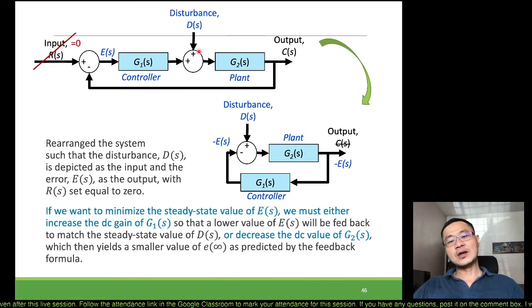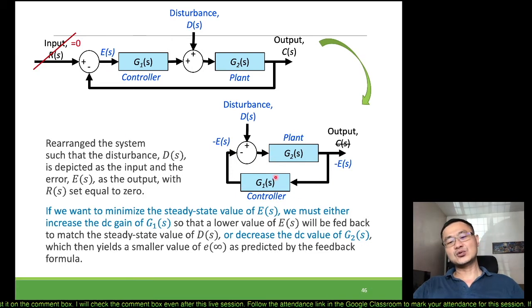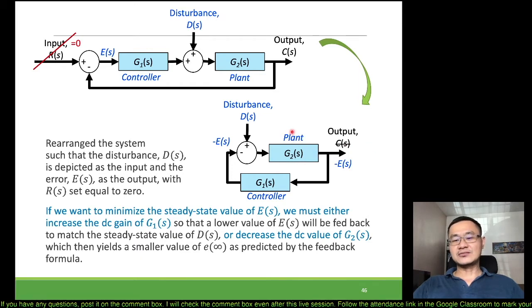When we rearrange this block diagram, we can see that the disturbance is similar to an input, then this is our plant, where the controller is similar to the feedback gain. From this block diagram it is very direct that the disturbance, when it goes through a plant, will produce the output. So if we can reduce the gain of the plant, then the disturbance effect will be reduced.